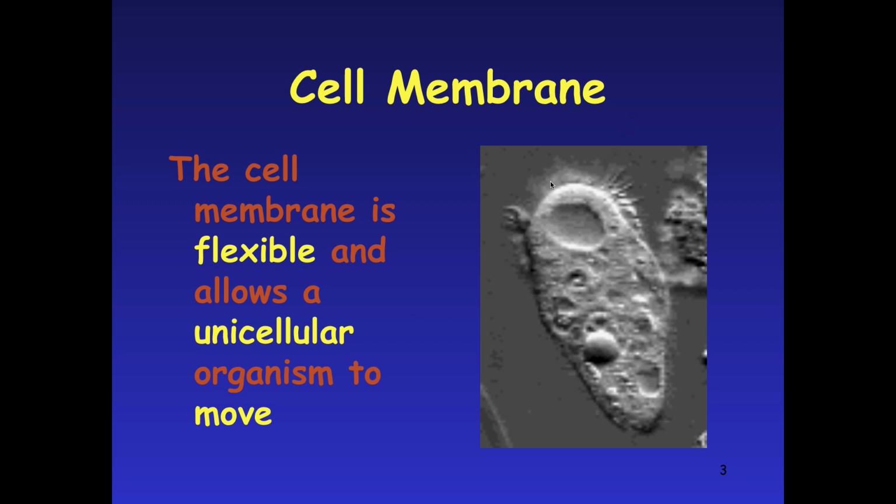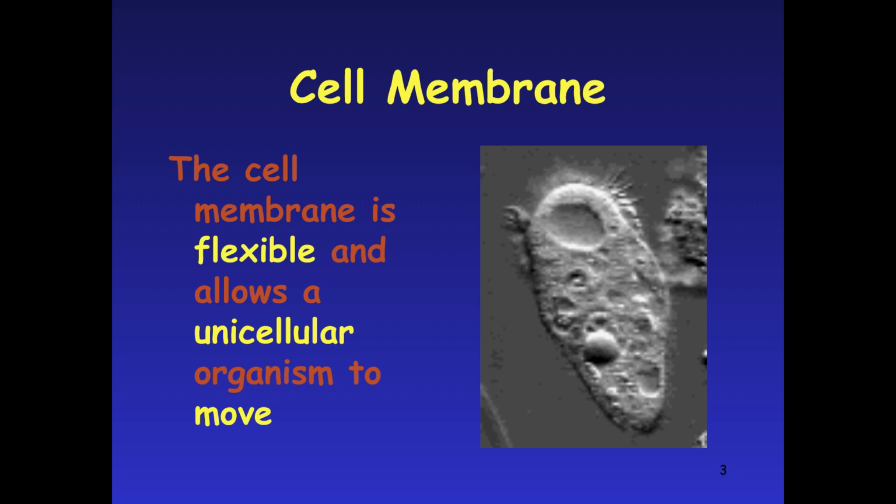Here on the side we can see all these little cilia, and cilia are like tiny hairs that can allow single-celled organisms to move. You have some cells in your body that are covered with cilia too. For example, cells in your respiratory tract, in your lungs, are covered with cilia that help move pollutants out of your lungs.